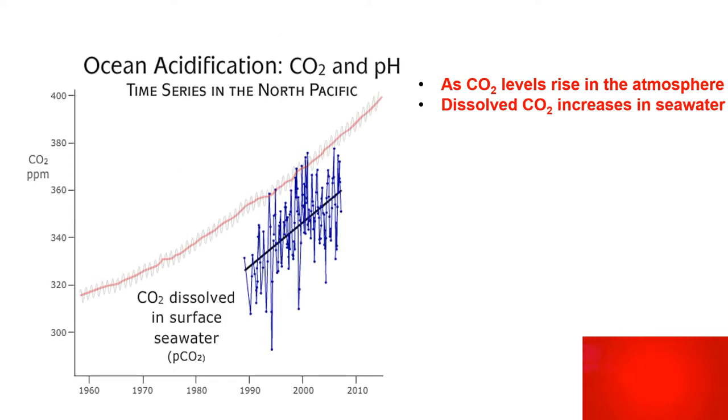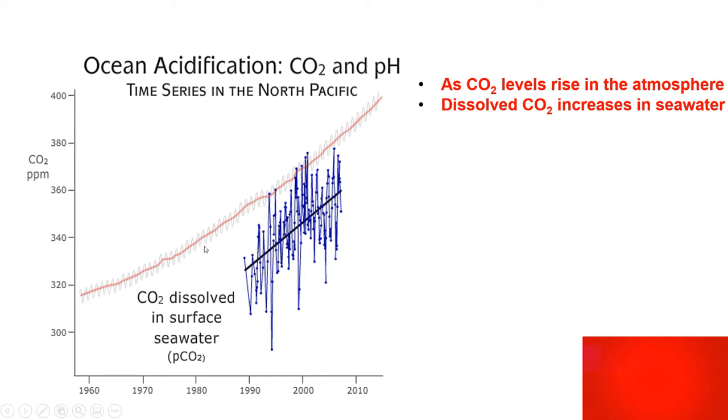So when I add this other little thing here, this is saying it's something different. This is CO2 dissolved in surface seawater. Again, this looks like a smaller line here, and what's interesting to me is it's all over the place.